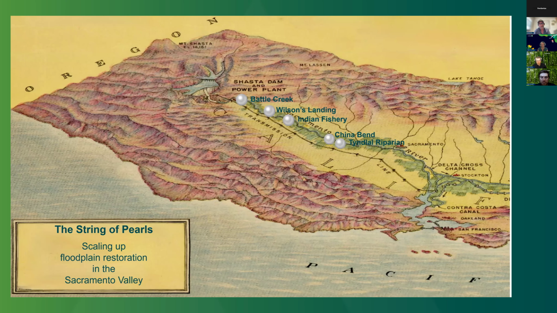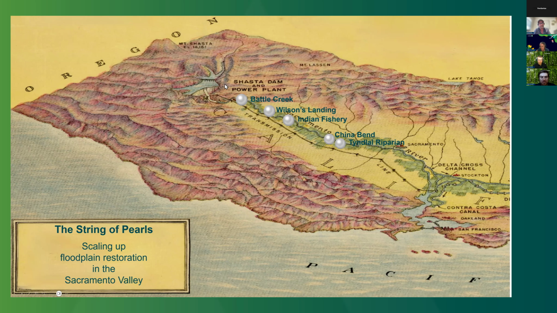Oh, well, I guess I should talk a little bit about string of pearls. Just very quickly, the string of pearls is the simple idea that probably only 1% of the once accessible floodplain is still accessible to these fish. But those areas within the wetted levied channel that are accessible are incredibly important if we're going to actually have that population level response.